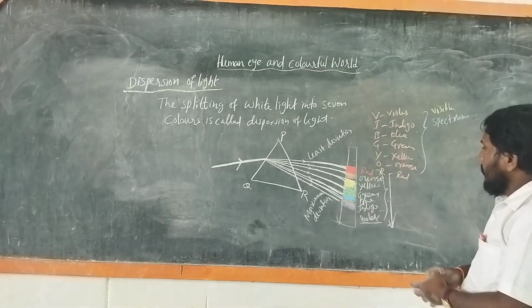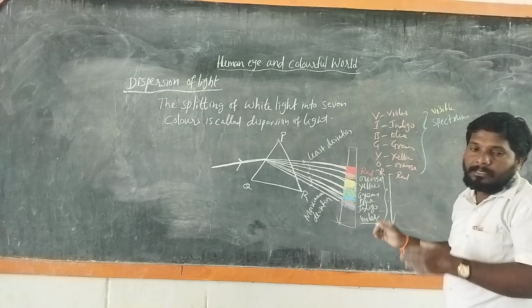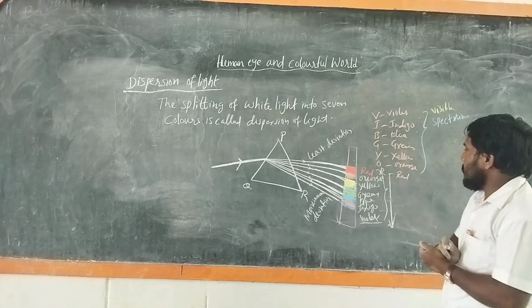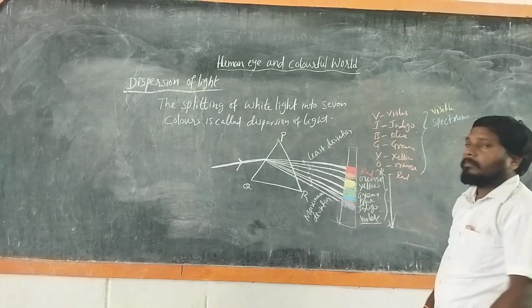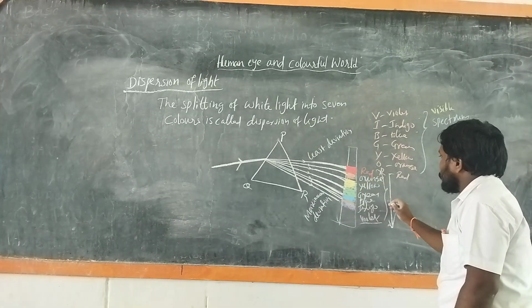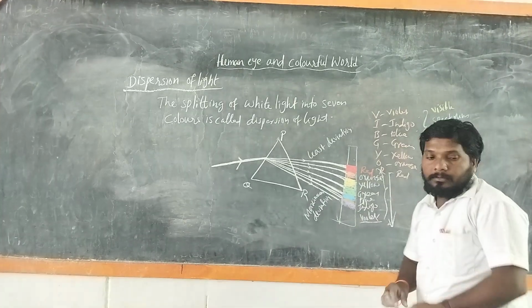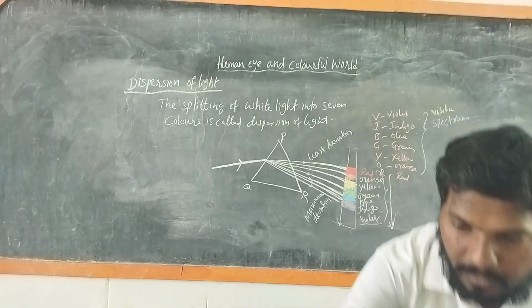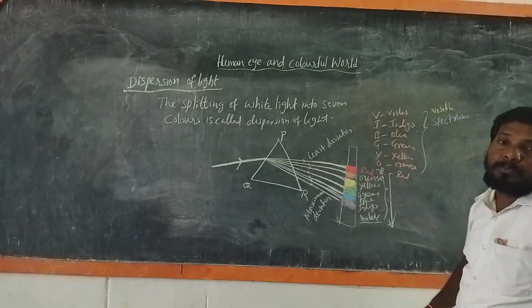Again these 7 colors are passed to the glass prism. Recombination of spectrum.